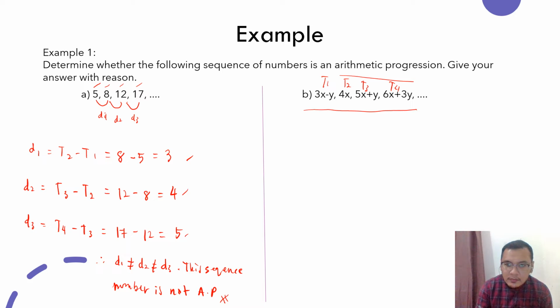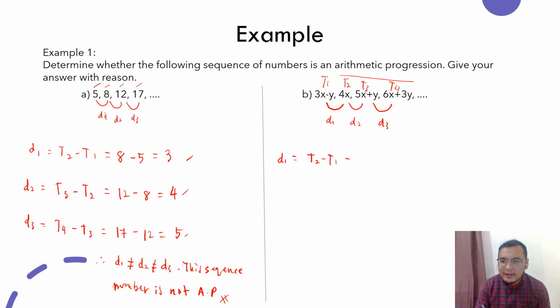We have four terms and we have three common differences. We have D1, D2, and also D3. So D1 means T2 minus T1. Is it correct? Correct. Okay, that's good.